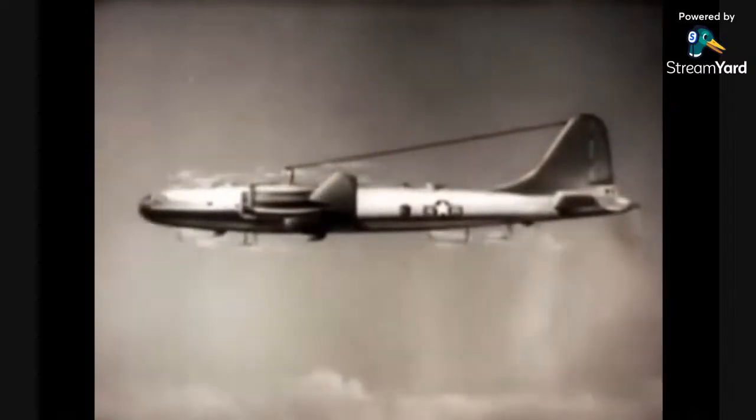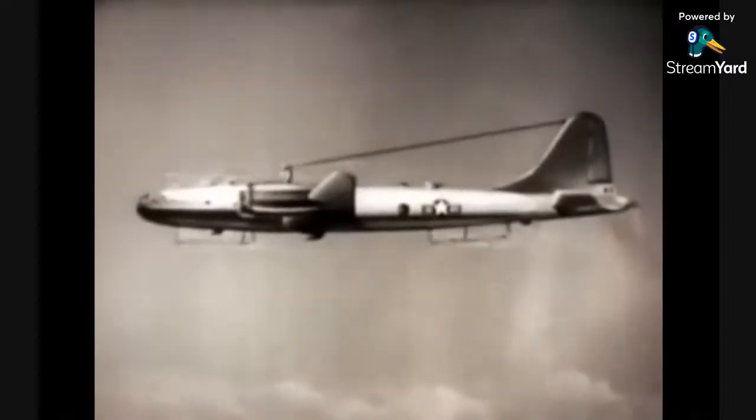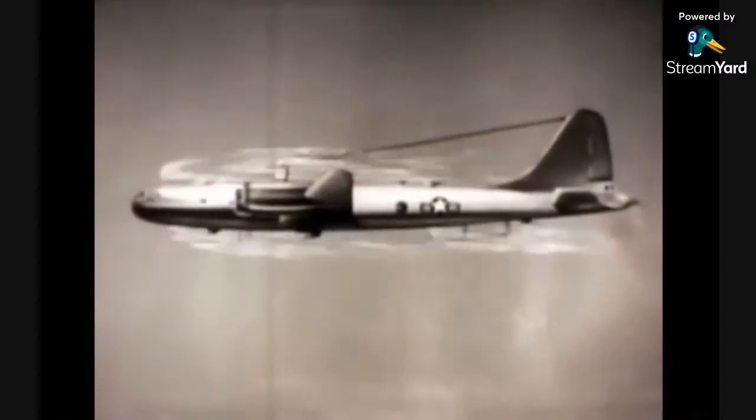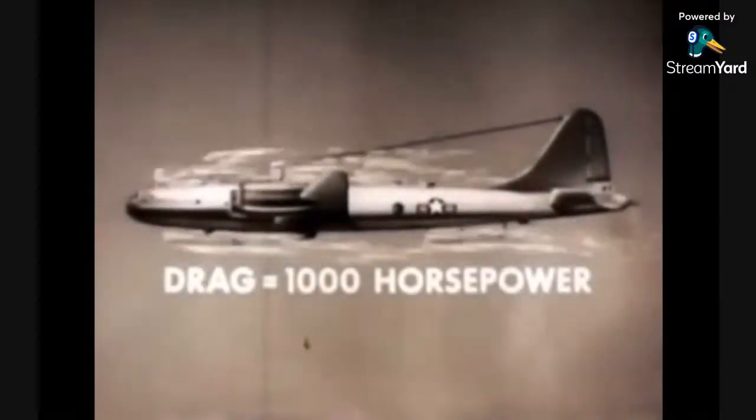They created vibration and built up drag. As aircraft speeds increased, for example, at 600 miles per hour, the combined drag of exterior antennas could amount to nearly 1,000 horsepower pulling in the opposite direction.